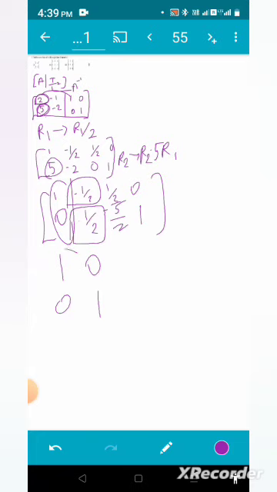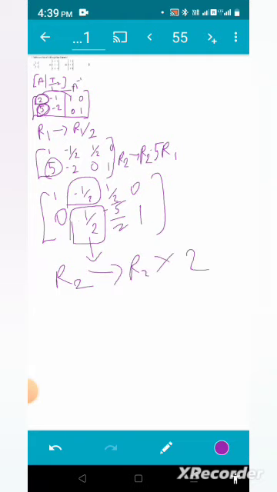We get this 1 0, but we can create this 0 and 1. So I choose first this to convert into 1, so we multiply R2 by 2. So I get 1, minus 1 by 2, 1 by 2, 0, 0, 1, then minus 5, 1 by 2.